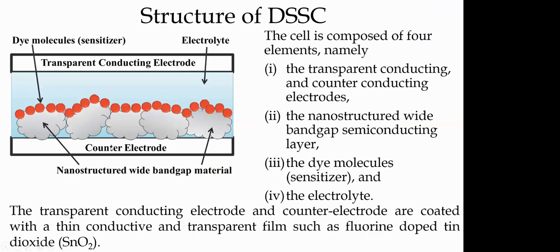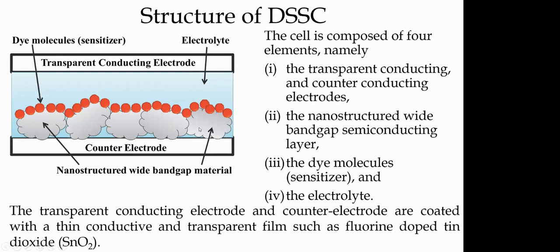That's how it works. So there are two electrodes. One is a transparent conducting electrode through which you allow the light to fall. Then you have a counter electrode. Then you have these nanostructured oxide materials with large band gap.